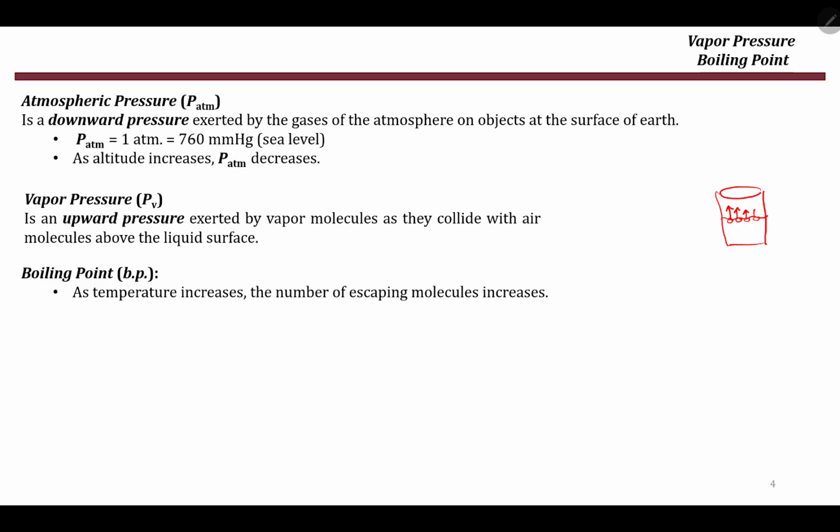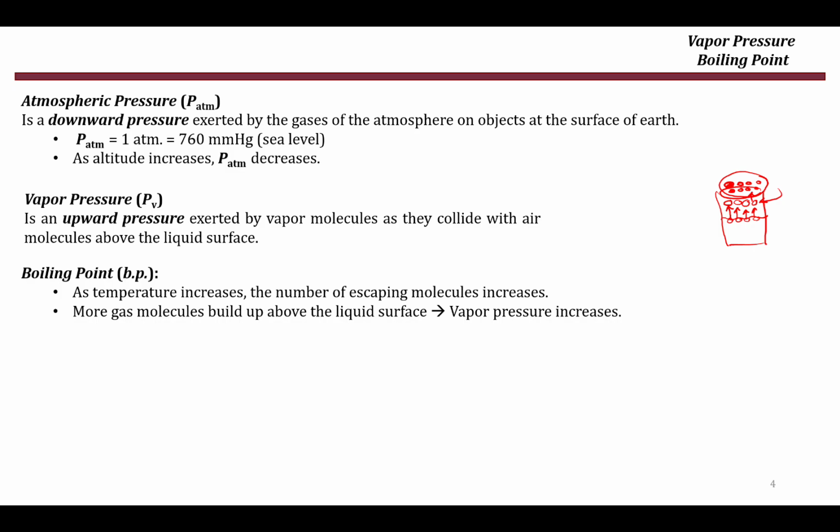Once these molecules are in the gas state, they start to exert pressure on the air molecules which exist above them. This pressure, exerted by the gas molecules on the air molecules, is called the vapor pressure of a certain liquid.